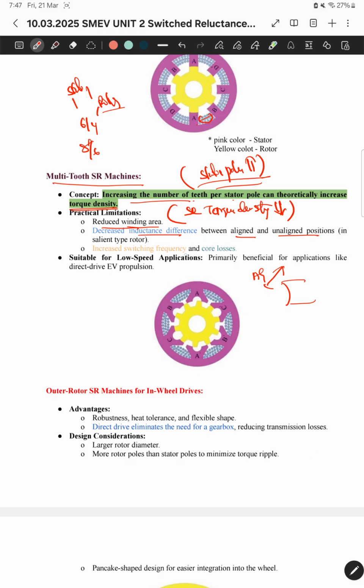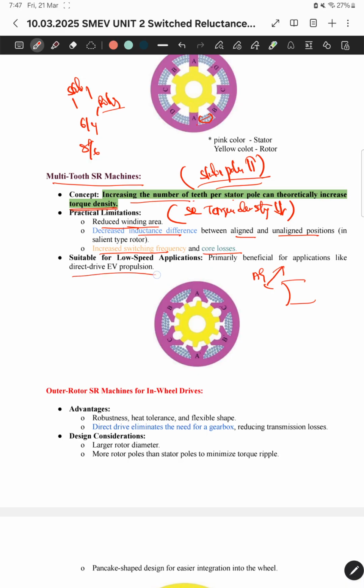And second, as we have more poles, there is a small difference between the aligned and unaligned positions of the rotor, so the variation of inductance will also be very small. There is also increased switching frequency. When more poles are there, more switching frequency will be there, and losses will also be generated. And this type is mainly suitable for lower speed.